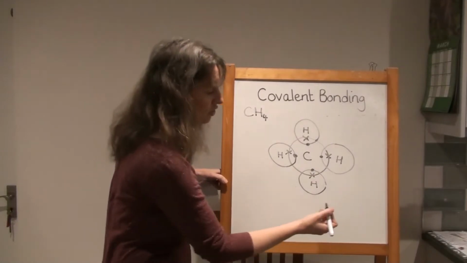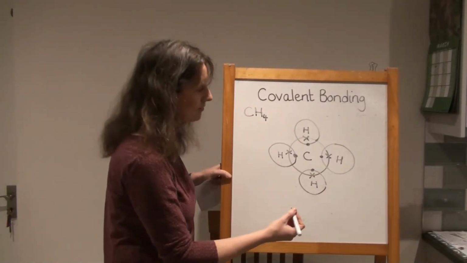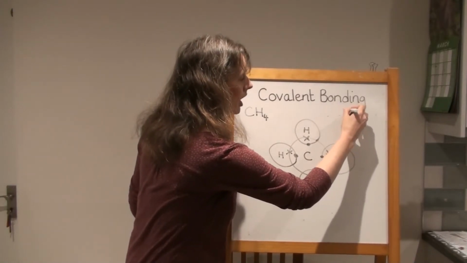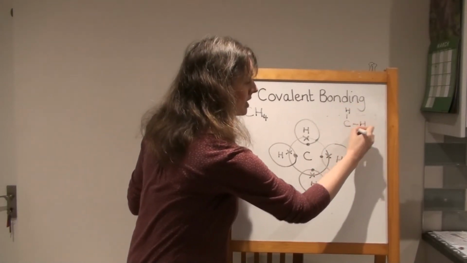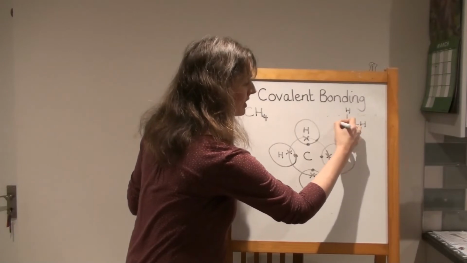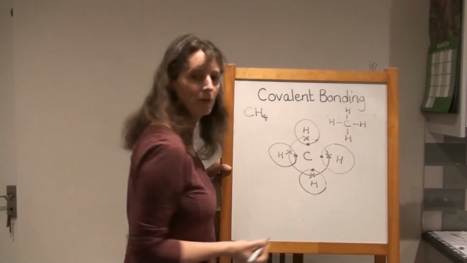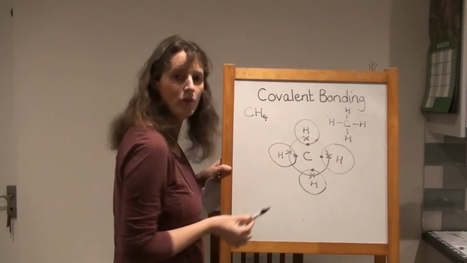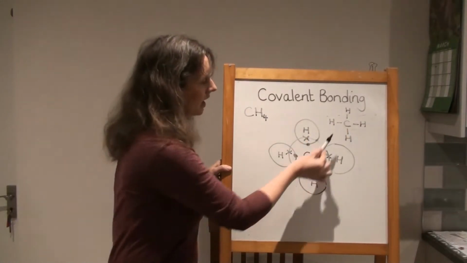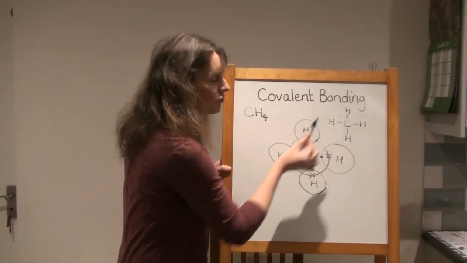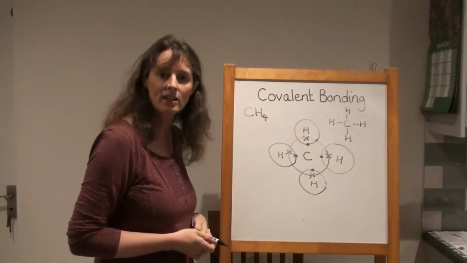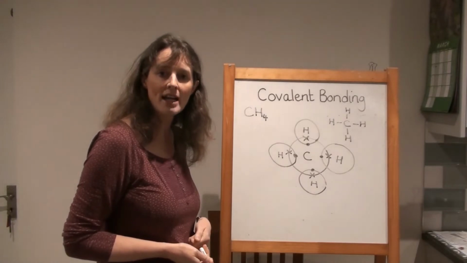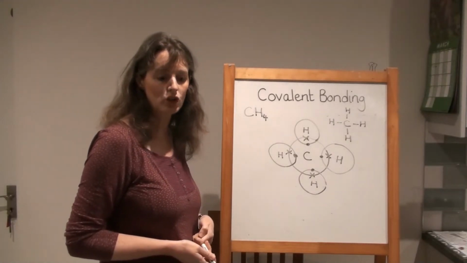Now in chemistry you often see diagrams where you have lines drawn for covalent bonds. So you might have seen previously a diagram of methane shown like that, with carbon surrounded by 4 hydrogens. Each of these lines represents a single covalent bond, and it represents a shared pair of electrons.